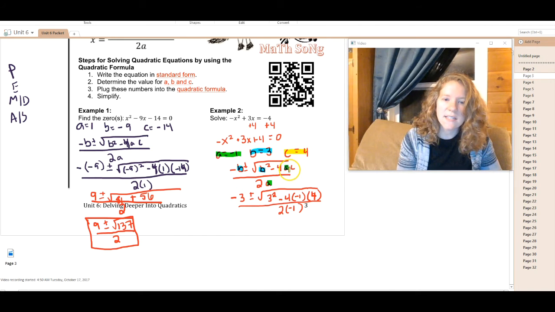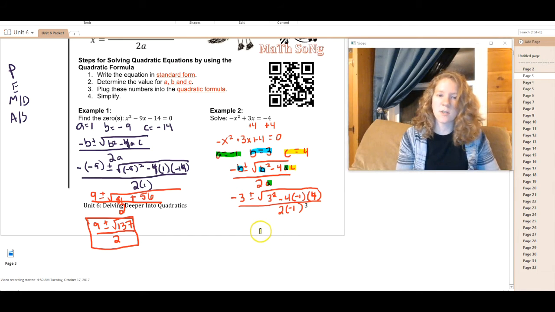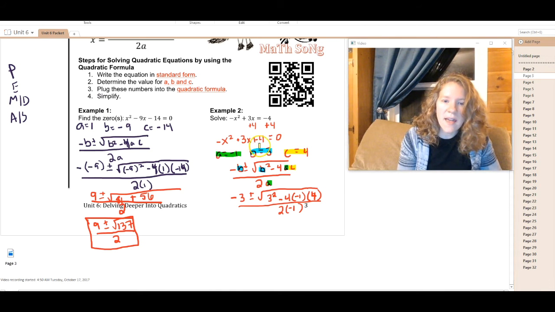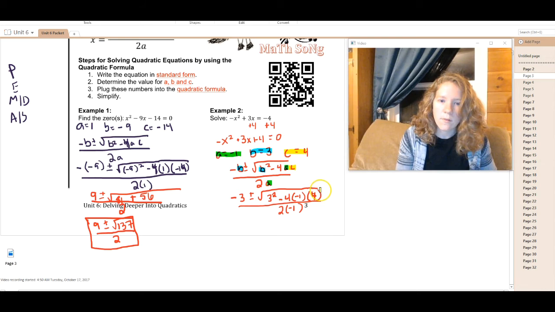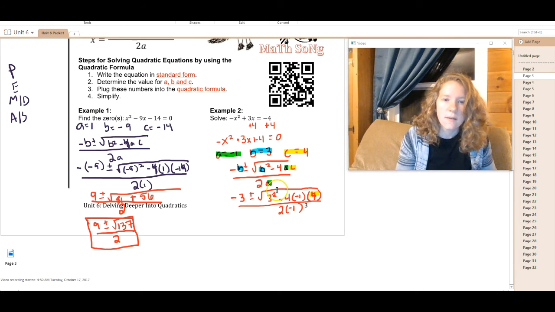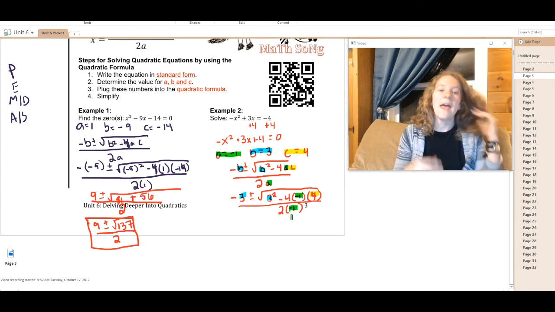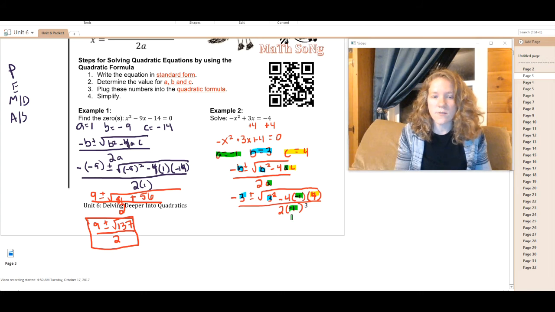C just gets to go in 1 spot. He just gets multiplied right there. So that c, that 4, shows up right here. That b, I put 3 here and here. And then a, I put in 2 spots as well, here and here. So you should see those show up, and it'll be like that every single time because it's a formula.